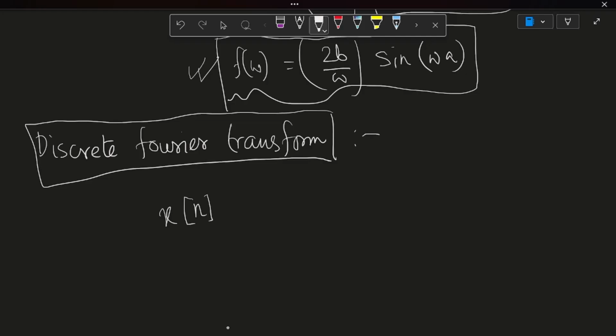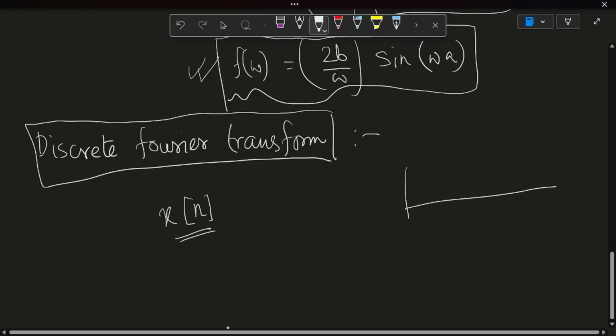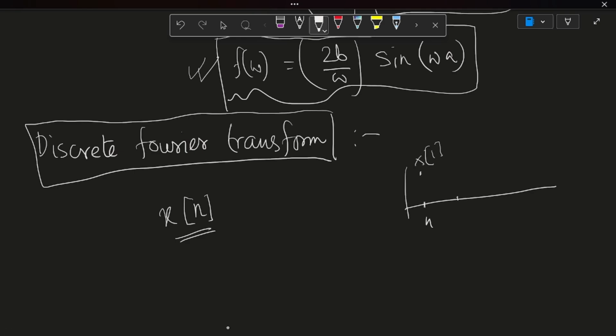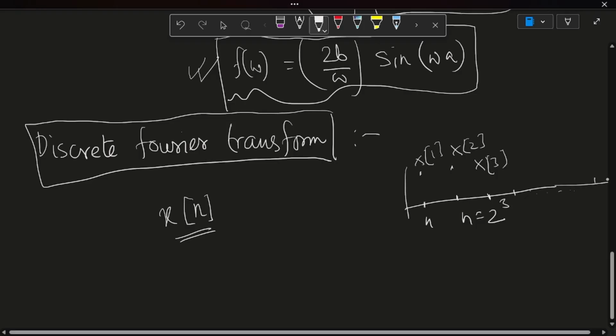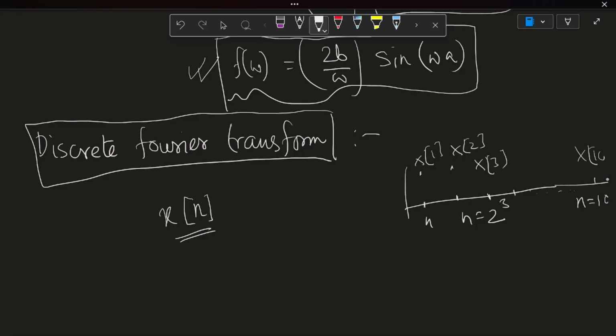Suppose we have discretized data of x. For n equal to 1, you have a value x1. For n equal to 2, you have a value x2. Then for n equal to 3, you will have x3, and n equal to 4, x4. In this way, suppose you are getting 10 data points, then for n equal to 10 you have x10. These are the data points that you are getting maybe from your experiment, or you are collecting this data from somewhere.